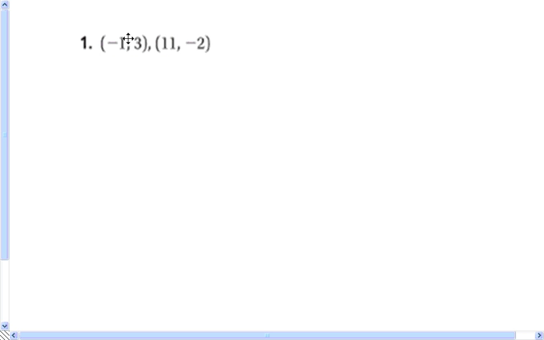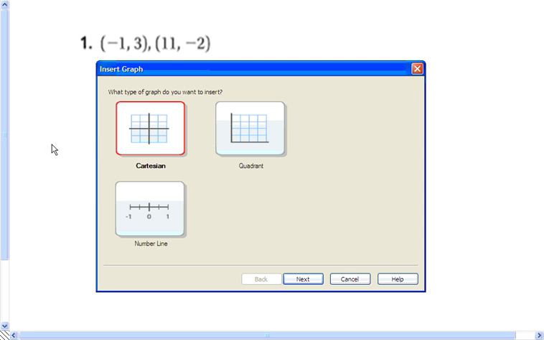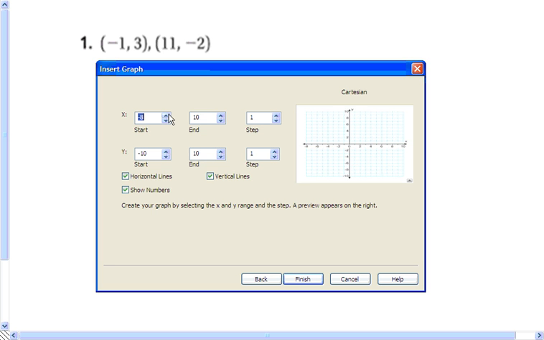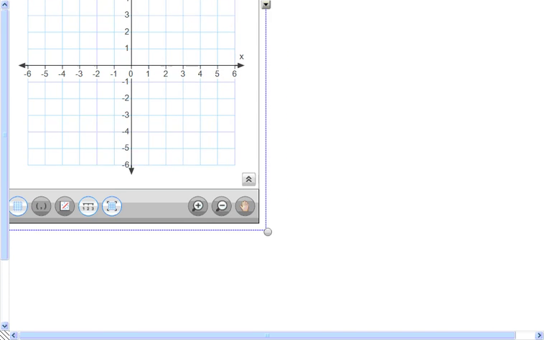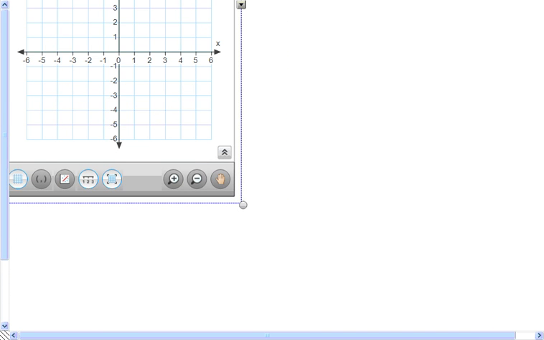Our answer was (5, 1/2). So let's get a graph here. Here's our graph. Let's place those two points on there.